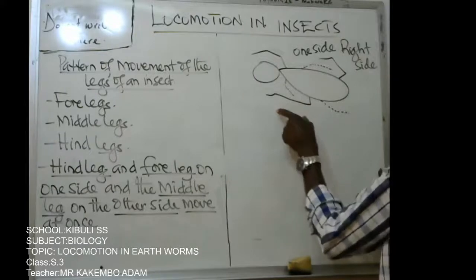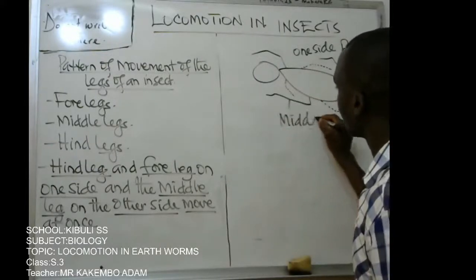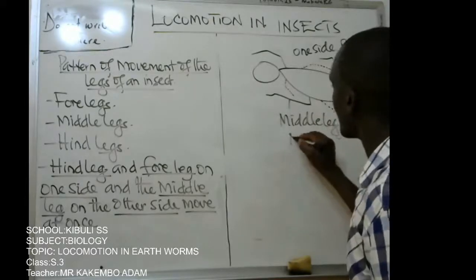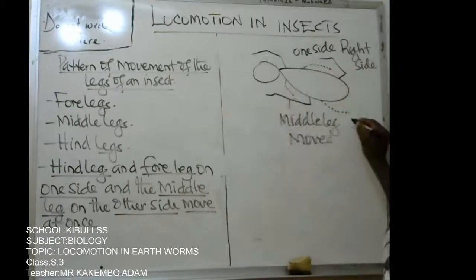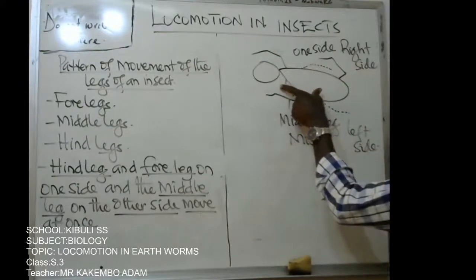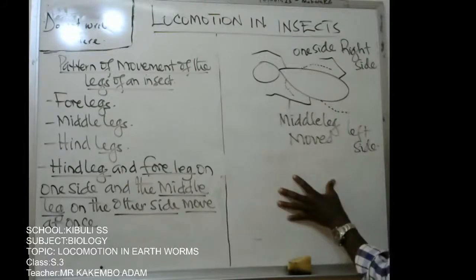The middle leg, so this one is the middle leg, also moved. On this other side, call it the left side. Meanwhile, the foreleg and hind leg on the left side remain firm onto the ground.